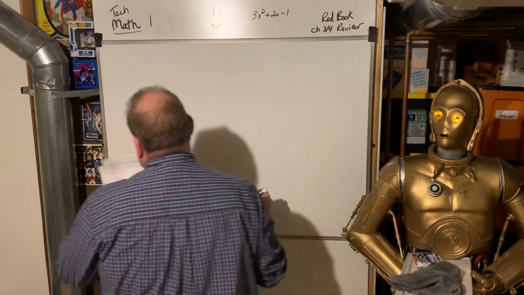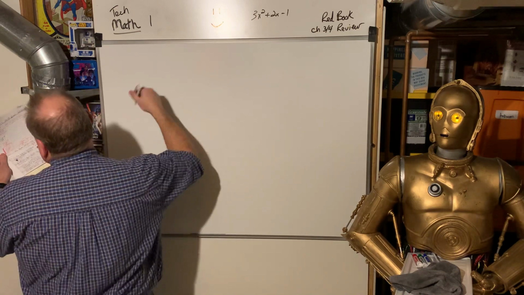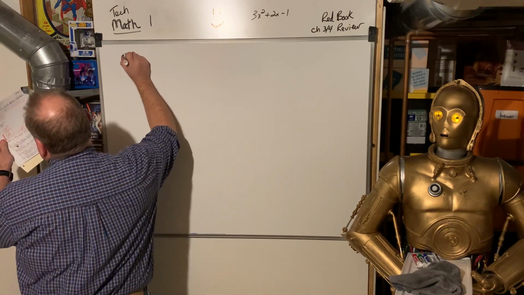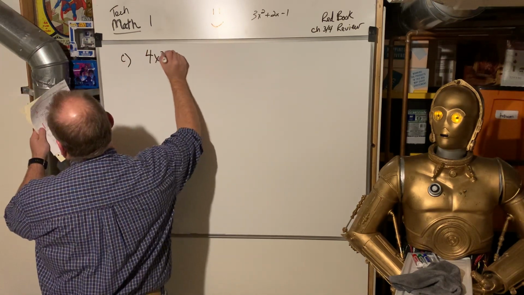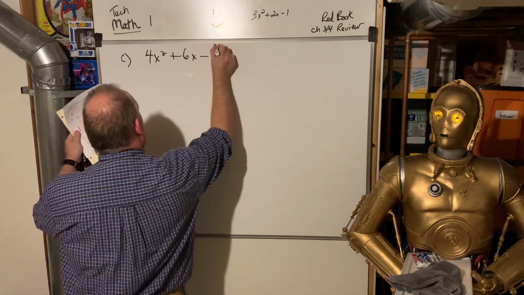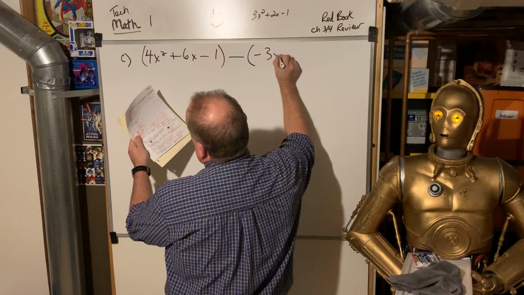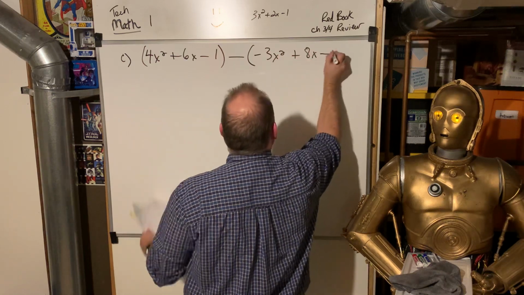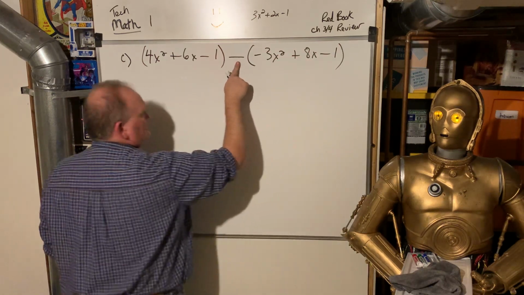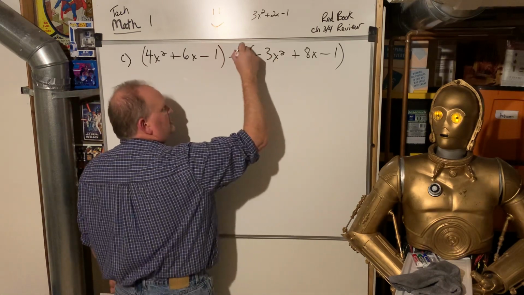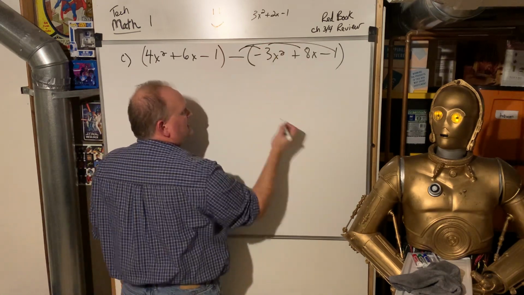Alrighty, so now let's take a look at C. 4x squared plus 6x minus 1 minus quantity negative 3x squared plus 8x minus 1. So when it is minus in front of a parentheses, that changes the sign of everything inside that parentheses.